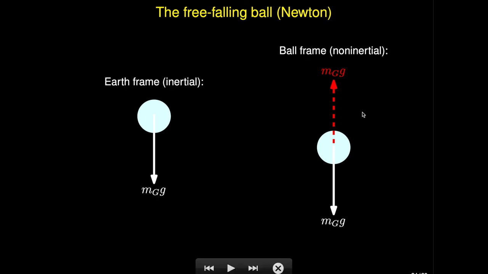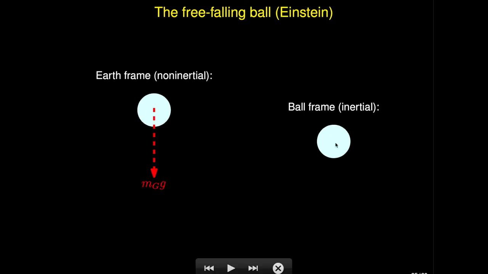Because you can't feel either of those two forces, Einstein said there's a simpler way to think about this whole problem. If you can't actually detect either of those two forces, then maybe neither of them are really there. So Einstein said, in the frame where you fall with the ball, or where you are the ball, you feel weightless, not because gravity's pulling you down and there's a fictitious force back up the way, but because there are no forces at all.